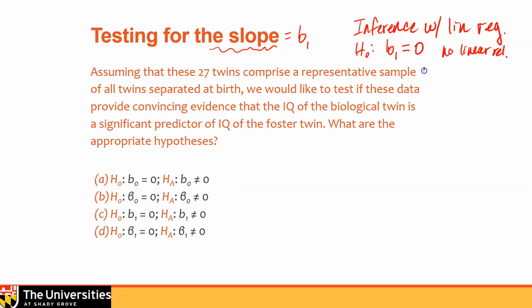And our alternative hypothesis is that's not true. We have a meaningful slope, that there is a linear relationship. So we're wanting to reject the null hypothesis and show that there's a statistically meaningful linear relationship.